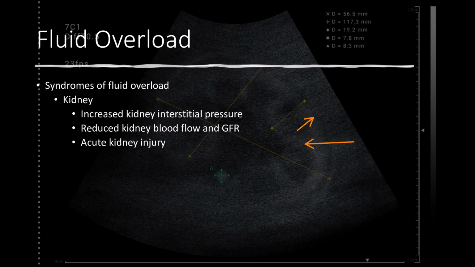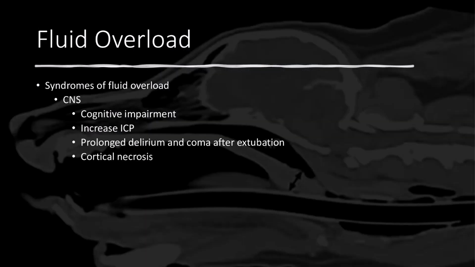And if I give my patient lots of fluid, I'll just get increased kidney interstitial pressure. That's going to lead to kidney swelling and compression of blood vessels right throughout the kidney parenchyma, leading to reduced kidney blood flow and glomerular filtration rate and acute kidney injury. So you can cause acute kidney injury by giving too much fluid.